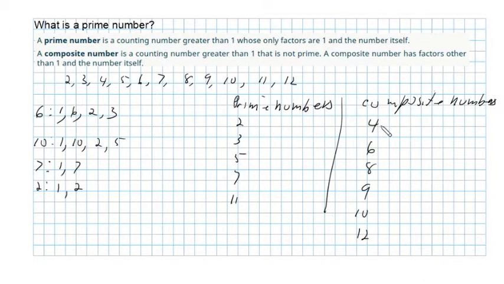So all counting numbers can be divided into these two groups, prime numbers and composite numbers. Be careful that here we see that this prime number is even. So 2 is the only even prime number. All right.